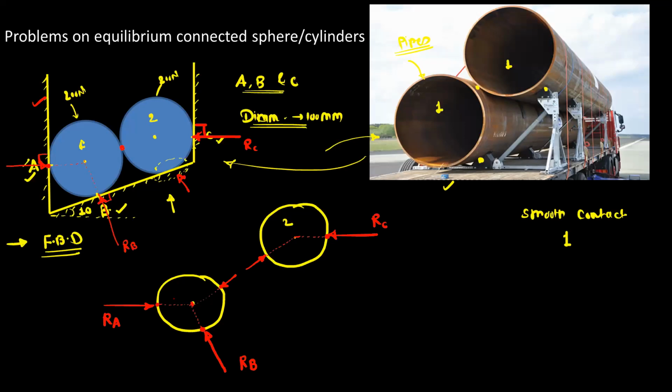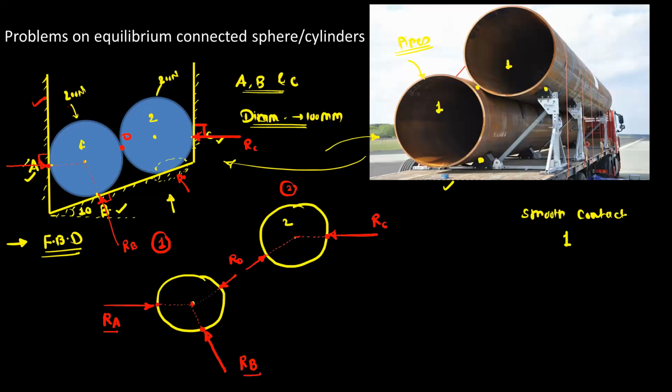So apart from these reactions, if you observe the cylinder 1, then we have shown the reactions at the contact point, that is Ra, Rb, and this common reaction. Okay, so assume this common reaction as Rd. Okay, so take this point as D. So there is one more force which is acting on the cylinder 1 and cylinder 2.